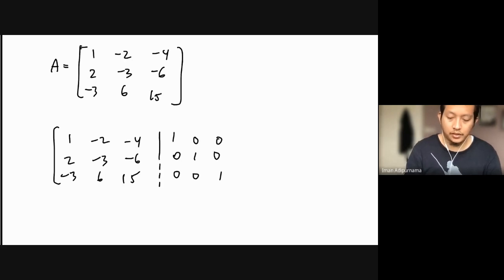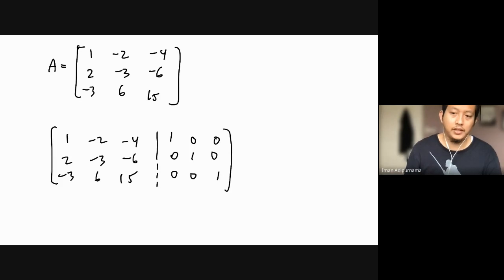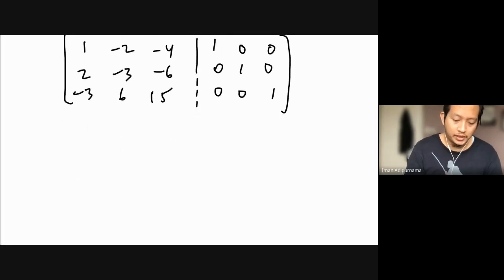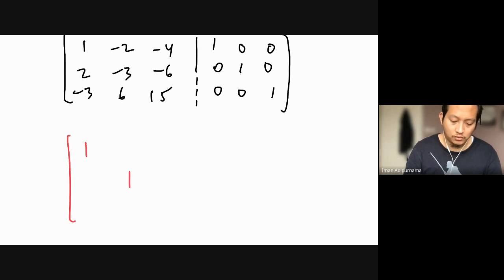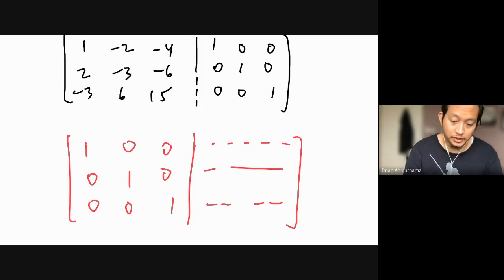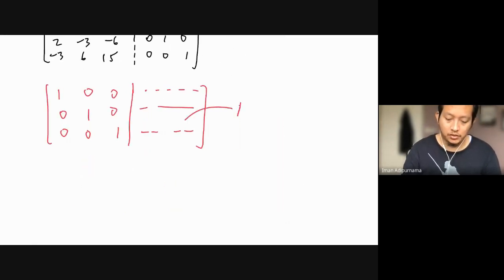Okay, try this at home, and I will explain later, maybe next week. How we can find the inverse using Gaussian elimination is we want to make the left part the identity, and the right side, after some computations, just like we did for the 2x2 matrix, will be your A inverse.